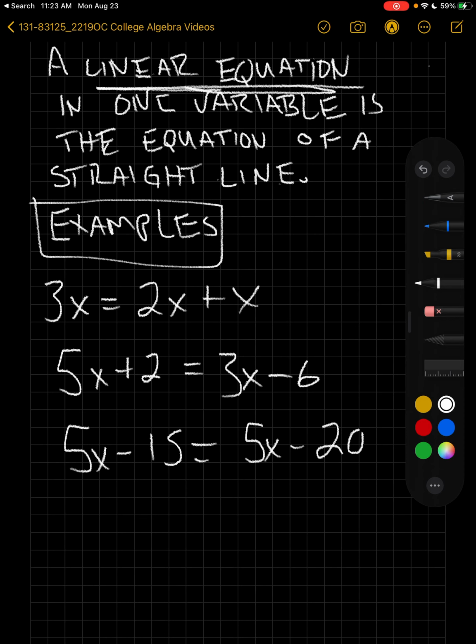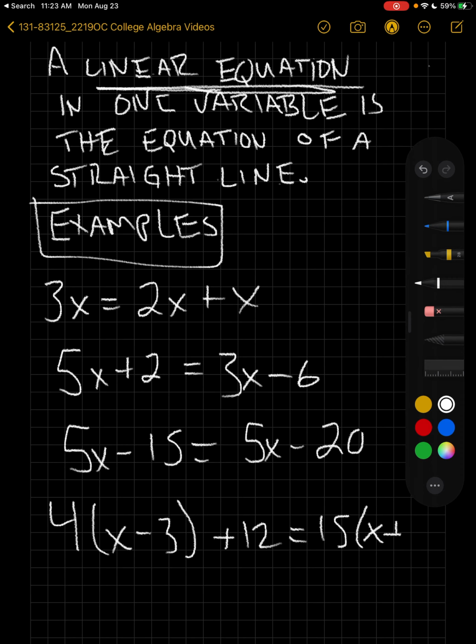I'll give you one last example. This one we'll solve at the end of the video. 4 times (x minus 3) plus 12 is equal to 15 times x plus 6. So these are all examples of linear equations in one variable.